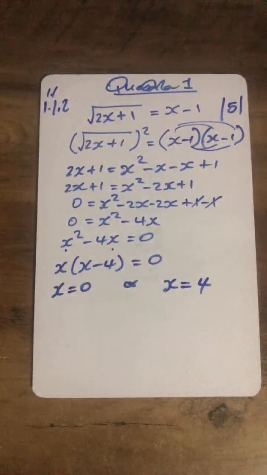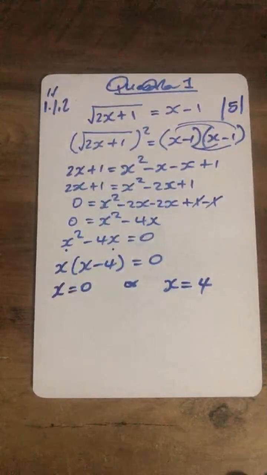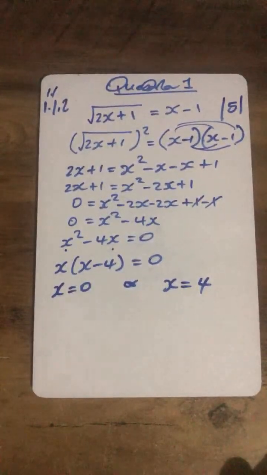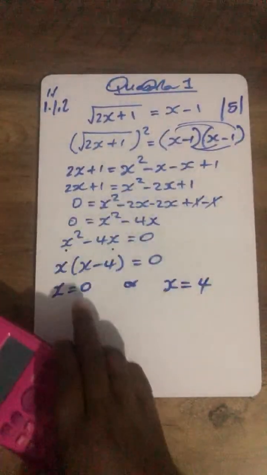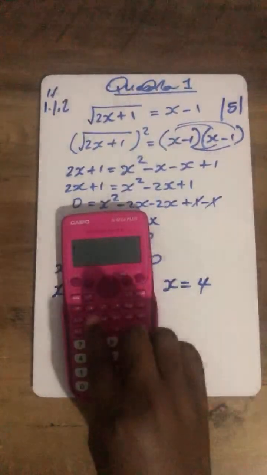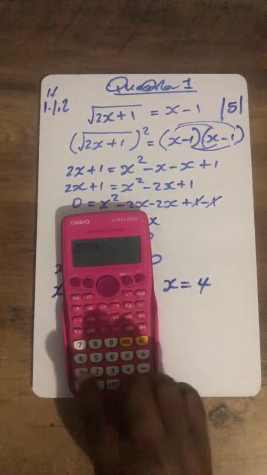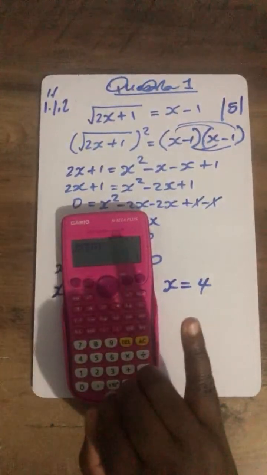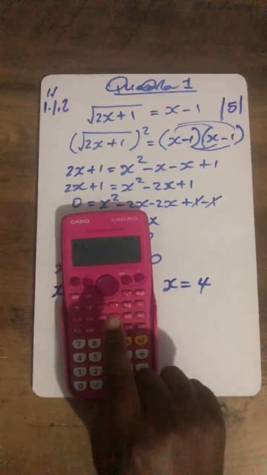So this is now where you need to decide between these two values, which one is a solution, which one is not a solution or not applicable. So you're going to take 0, substitute it there and there, and check if it gives you the same answer. Square root of 2 into 0 plus 1 gives you 1. And that side, 0 minus 1, gives you negative 1.